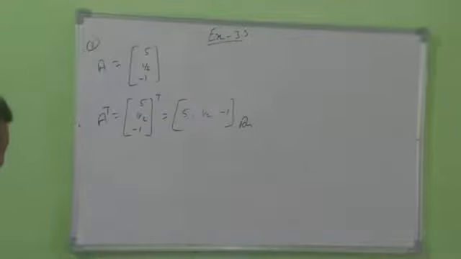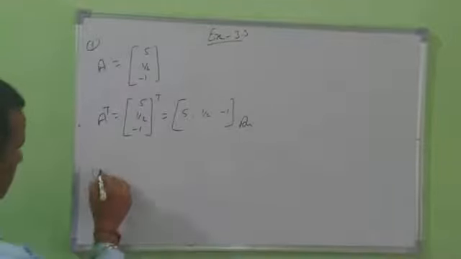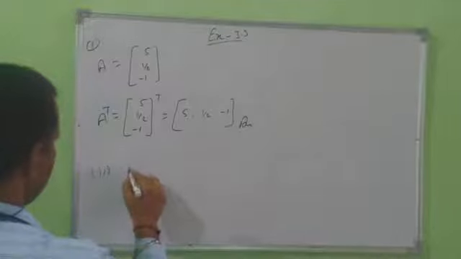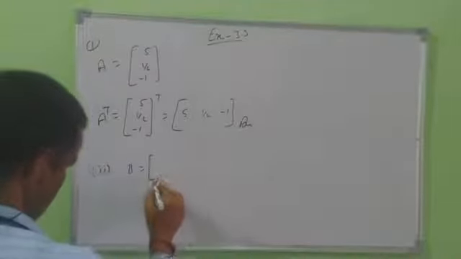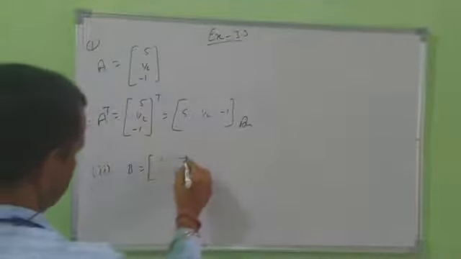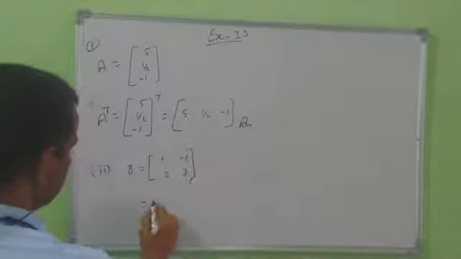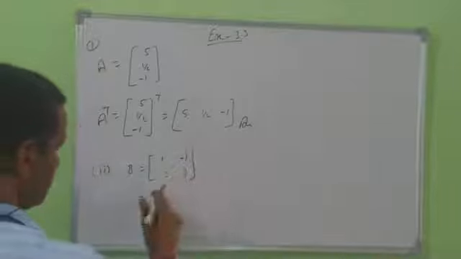Second part here: the matrix is 1, minus 1, 2, 3. You convert the first row into the first column.